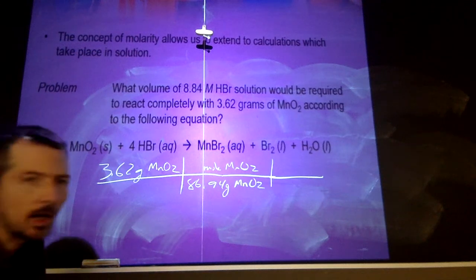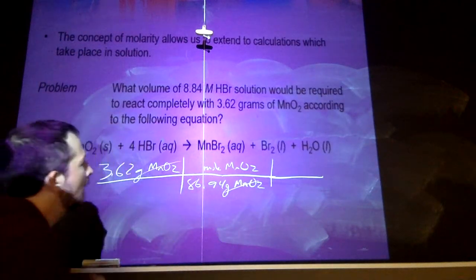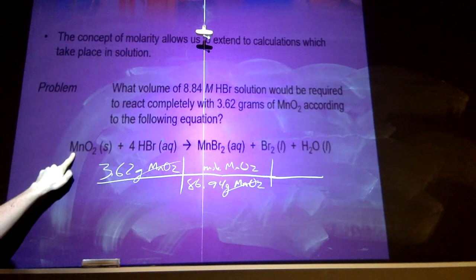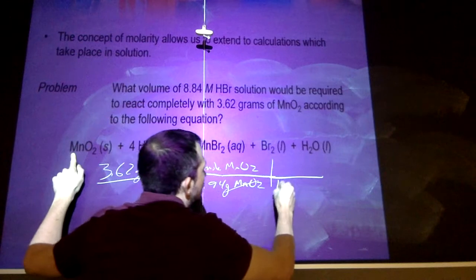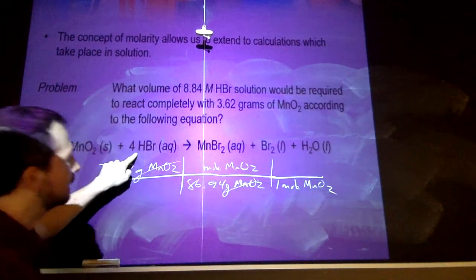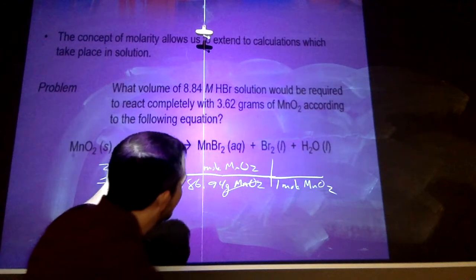Okay, so grams cancel out there. Now I can use my balanced equation and see that for every 1 mole of MnO2, it takes 4 moles of HBr.